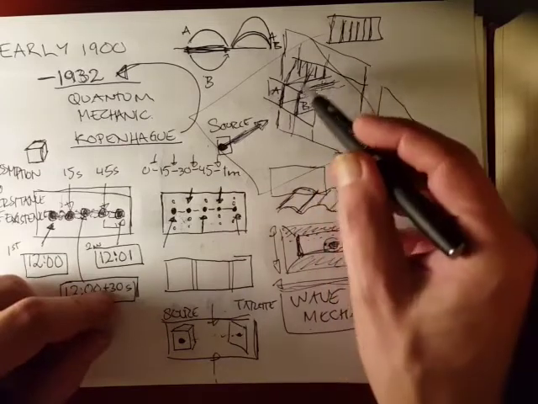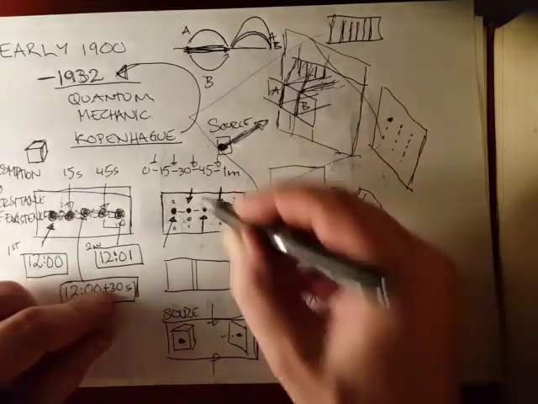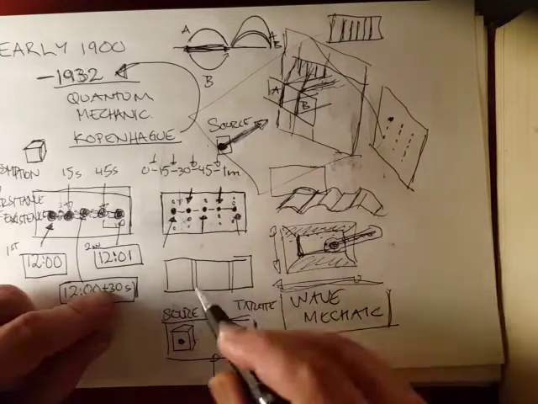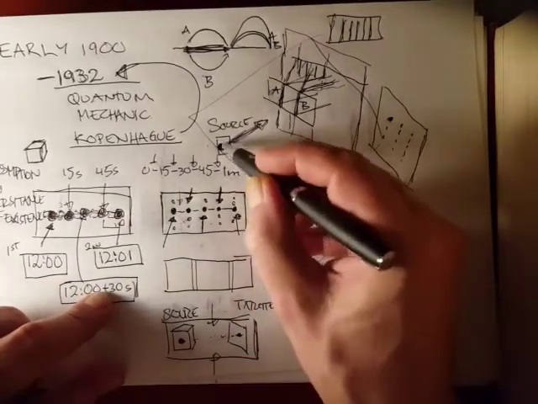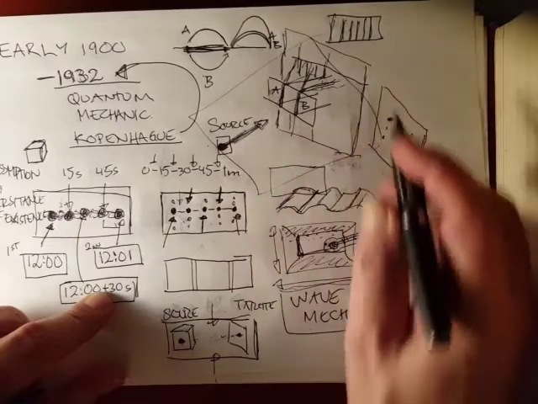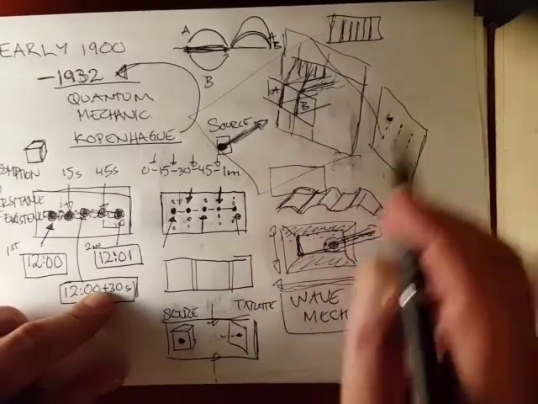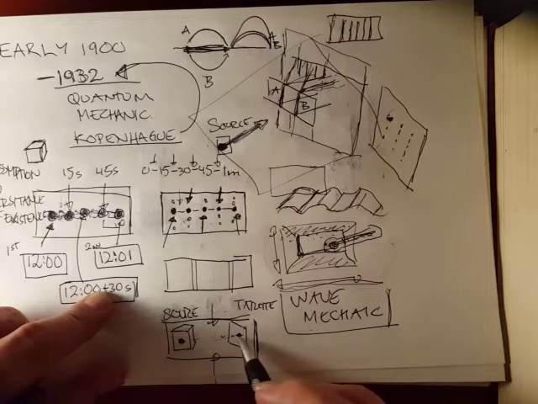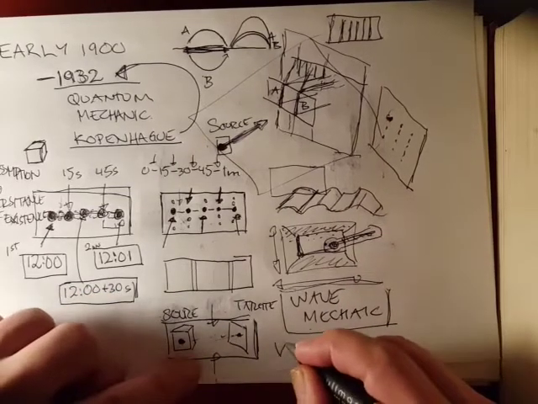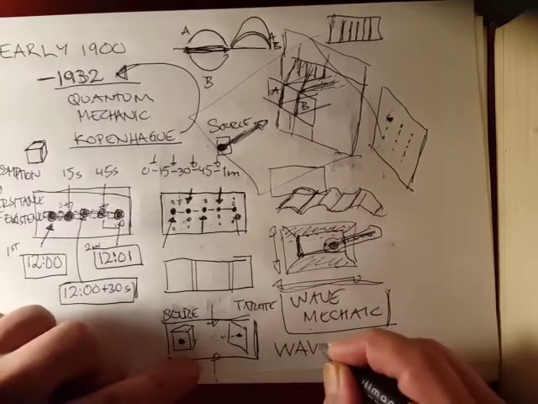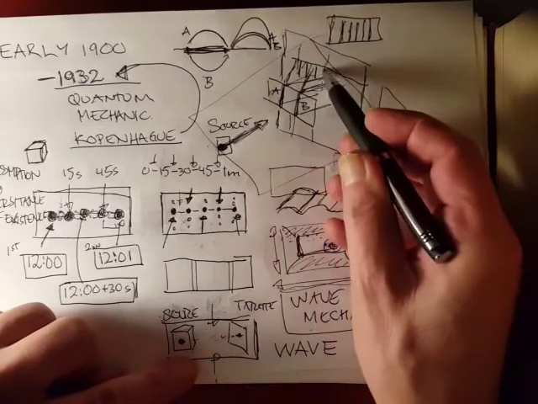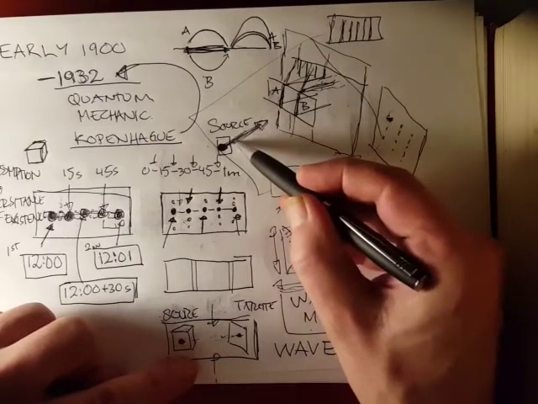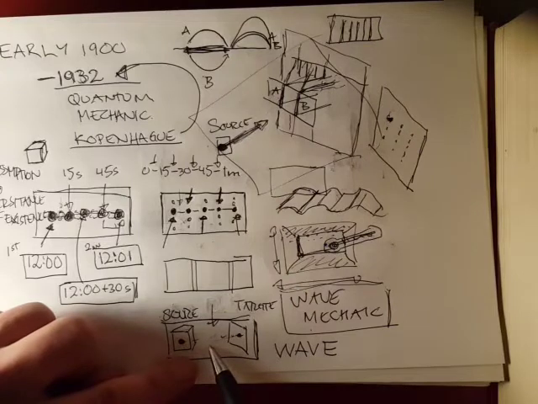Because the description between two observations, this is an observation and this is an observation on the screen over here, the description we're using in between those two observations is a wave. We describe it as being a wave in between here. But there is no observation made there.